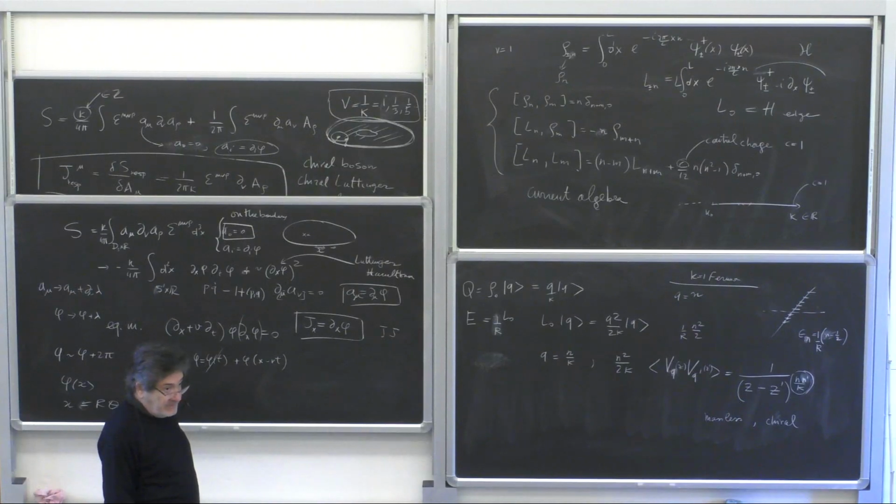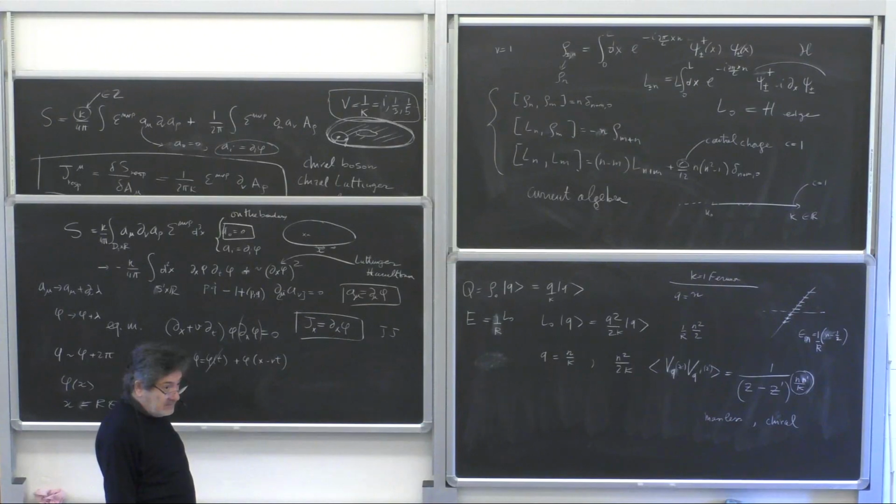It's a gauge degree of freedom of the original Chern-Simons theory. So if you take a large configuration, it is an element of U1.